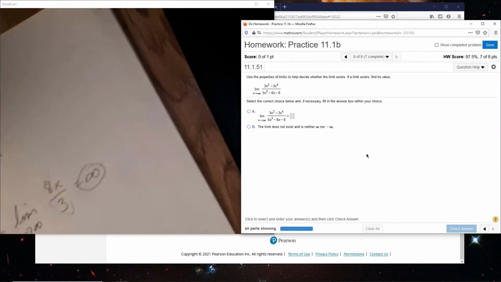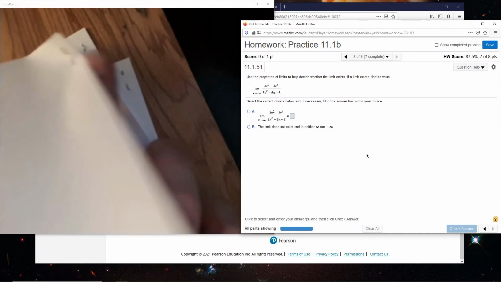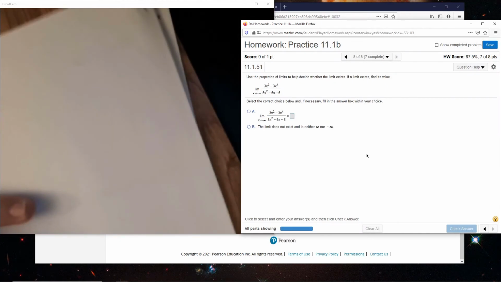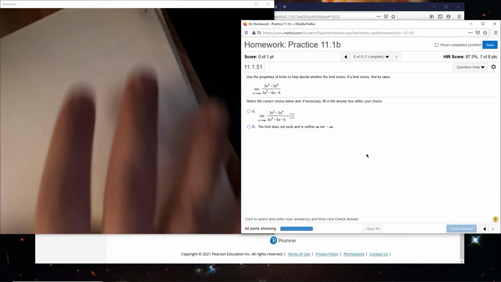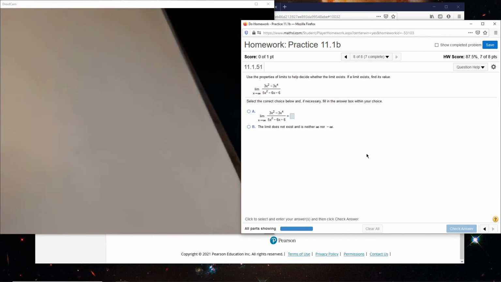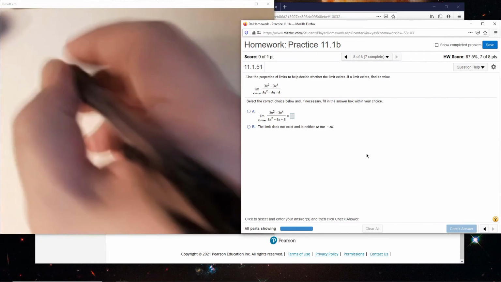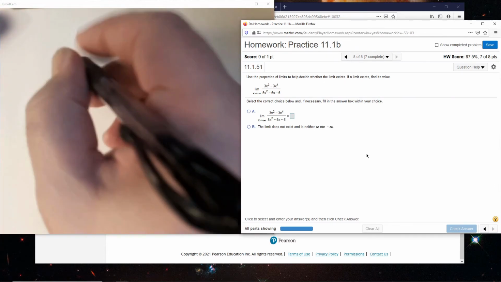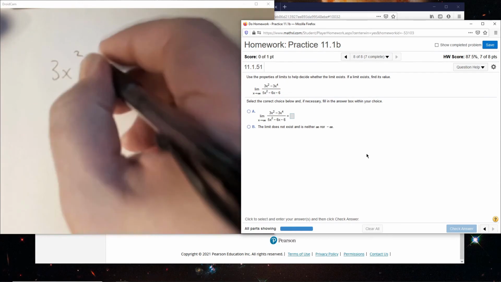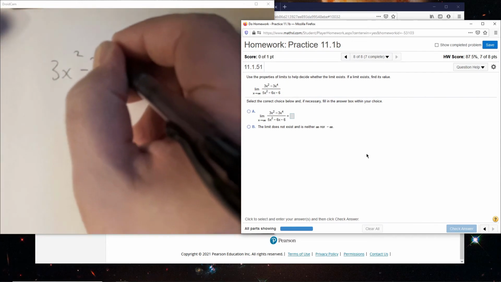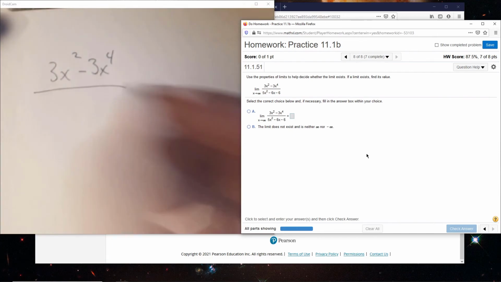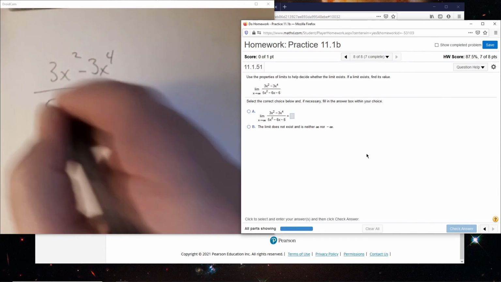So let's see what the last one here is. And notice for this one, the numerator and denominator have the same power. Or no, they don't. I almost got fooled. Ho ho.